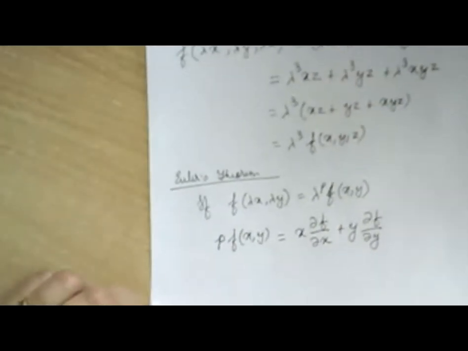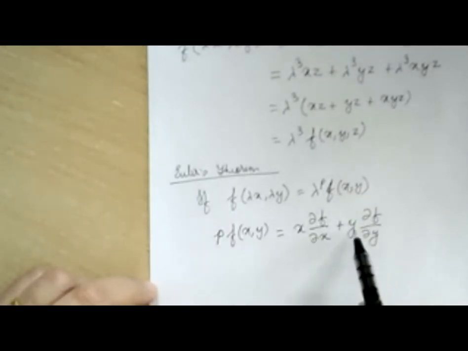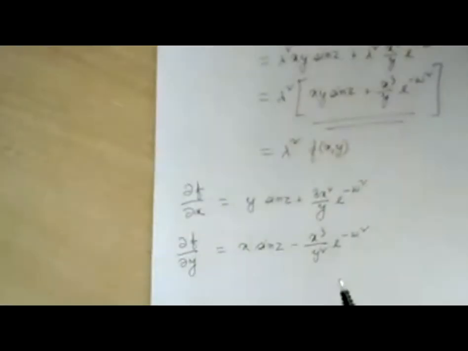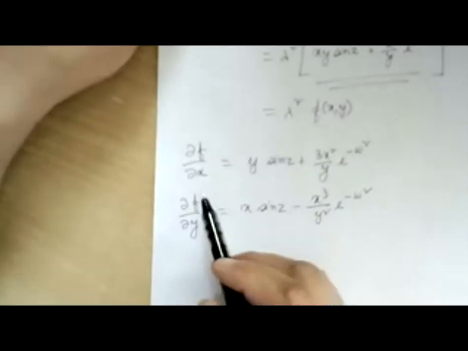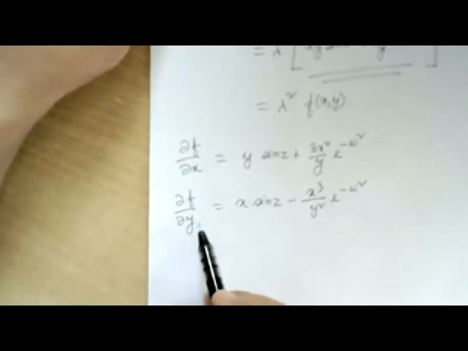We multiply del f by del x by x, del f by del y by y, and we check whether it is equal to p times f of x and y. For this given example, p is equal to 2. So let us multiply del f by del x by x, this term by y, and add them.